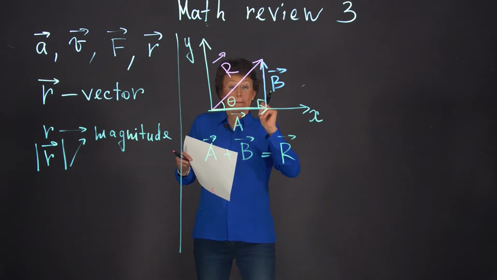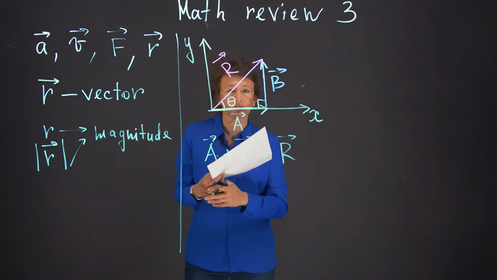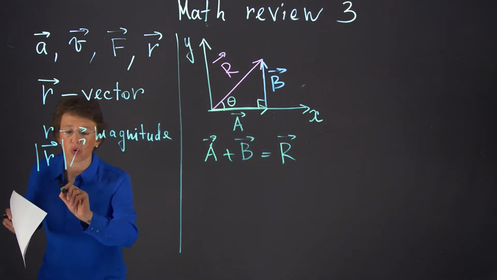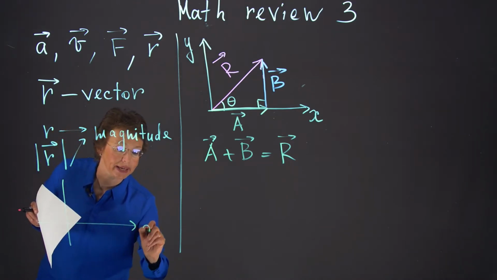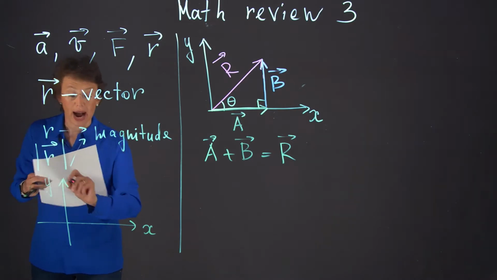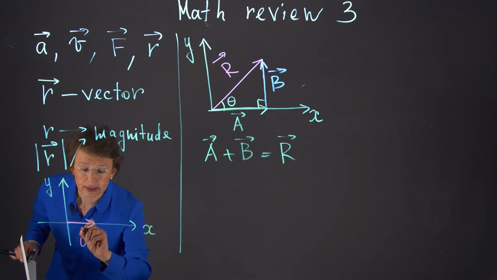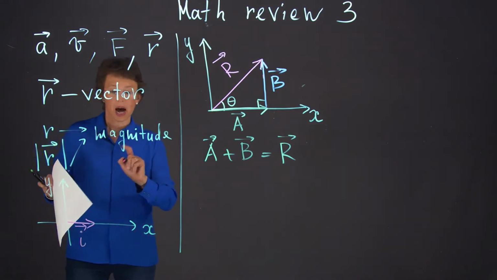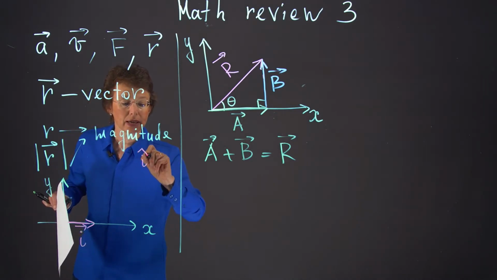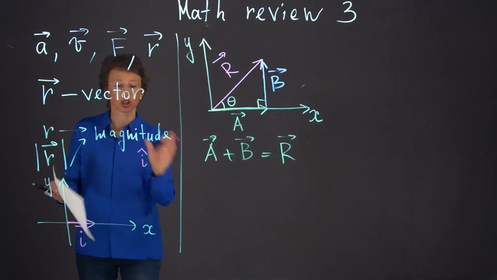What's next? Next, we will introduce or refresh unit vectors. What are unit vectors? If I have a coordinate system, this is my x, and this is my y, then unit vector i, by definition, is along x. In many math books, i is called differently. A different symbol is used to denote a unit vector, which is perfectly fine.